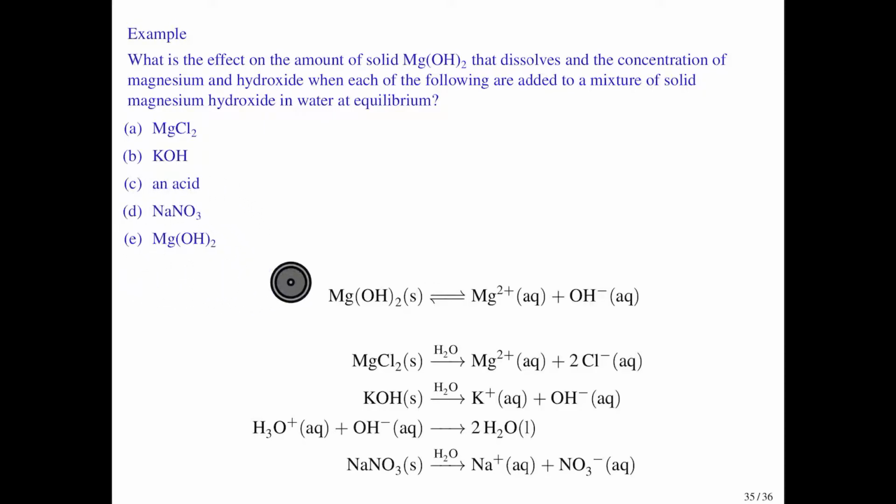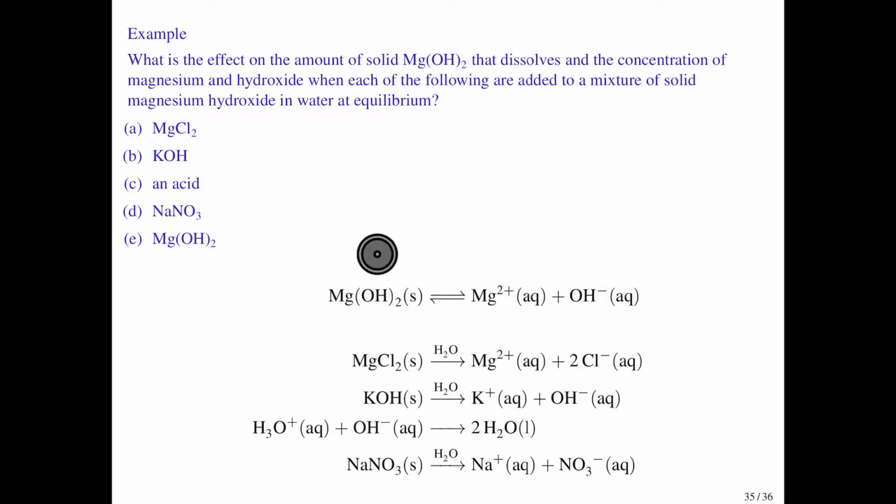I guess one more reagent to consider. What would happen if you dropped another chunk of the solid magnesium hydroxide in there, right? So you're increasing the amount of magnesium hydroxide. Well, you're not increasing the concentration of the magnesium hydroxide because it's a solid, right?